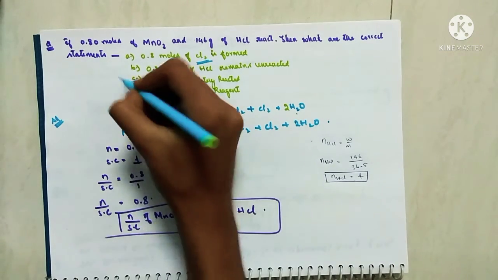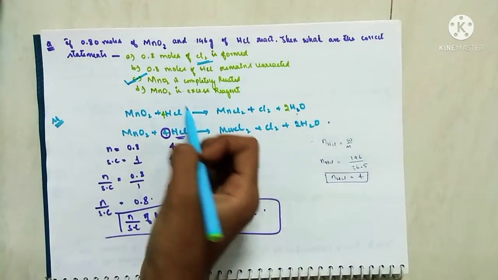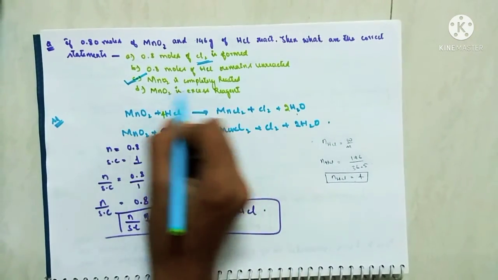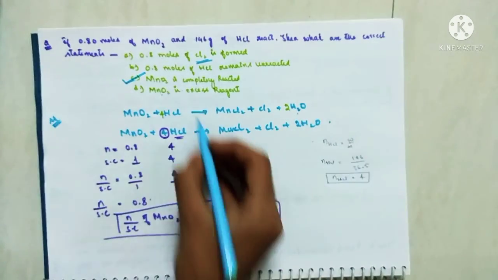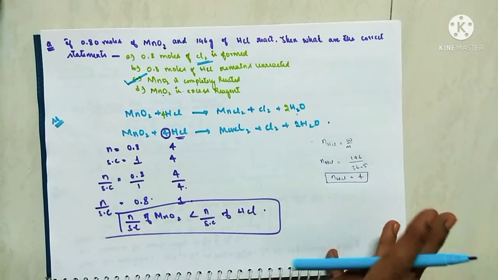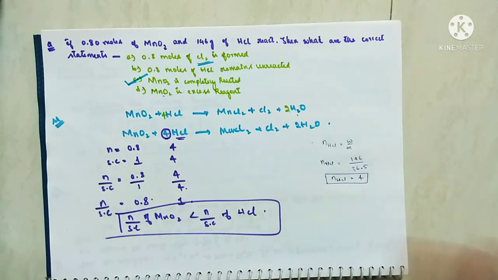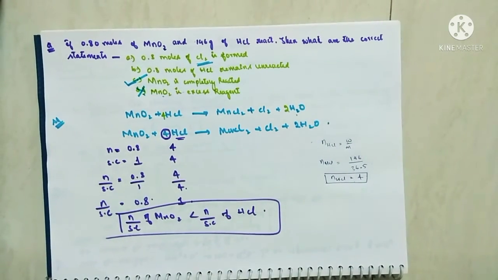Let's tick it. The fourth option, MnO2 is the excess reagent, is wrong, because we found that MnO2 is the limiting reagent, so it can't be the excess reagent.